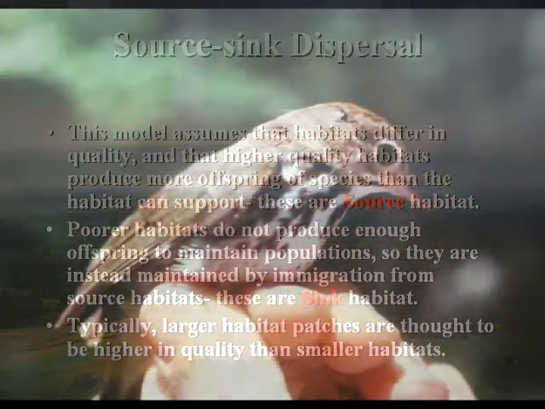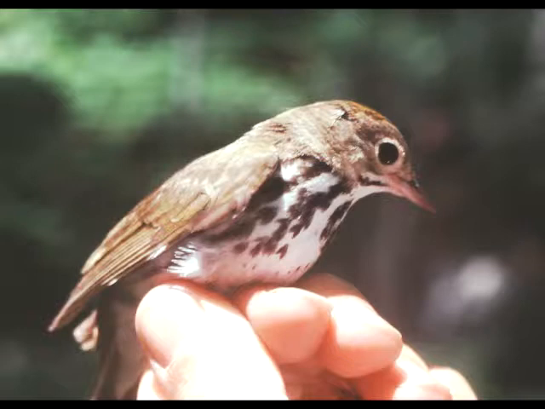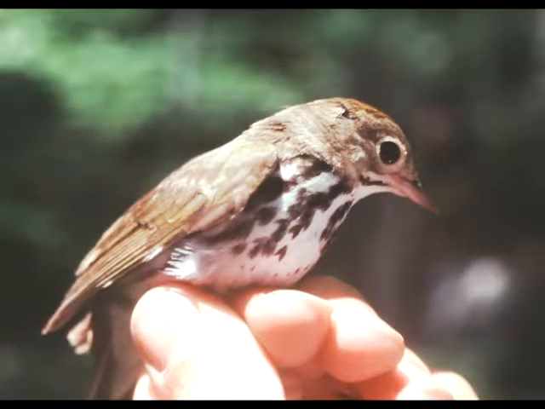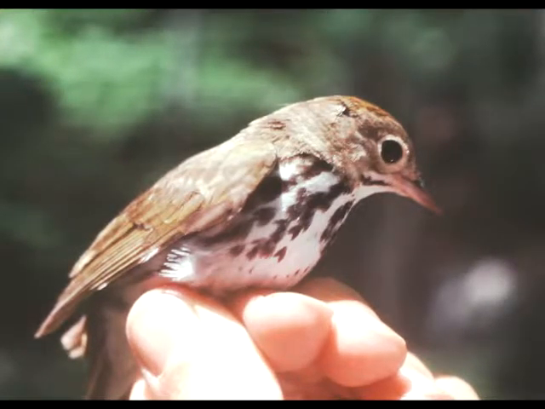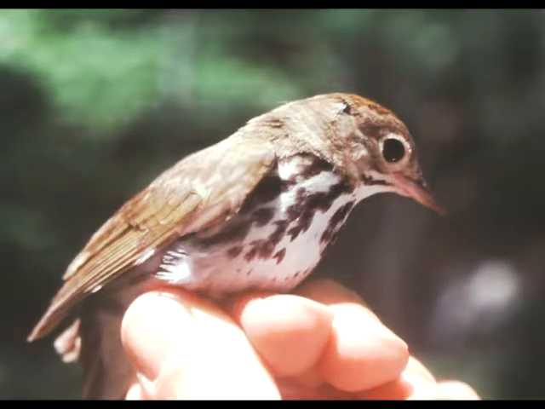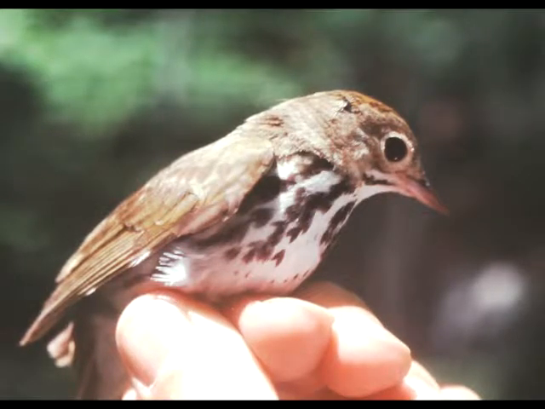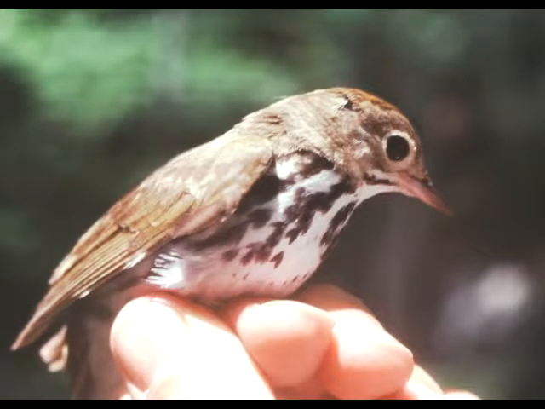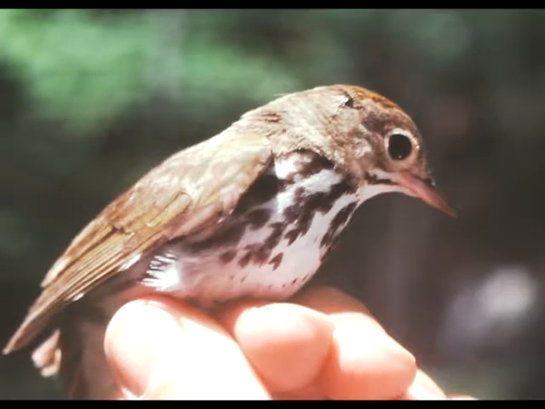So let's consider this little guy right here as an example of all that. This is the ovenbird, which in southern New England, where I've studied them, is the most abundant bird in extensive forest tracts. However, it is a ground nester, and that makes it vulnerable to certain kinds of predators. In large contiguous tracts, it seems to have the advantage over the predators.